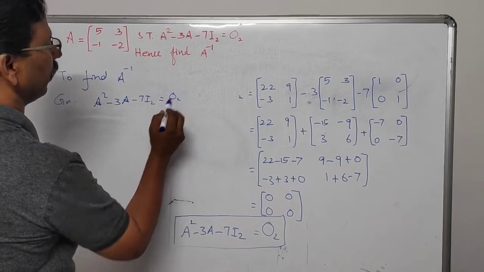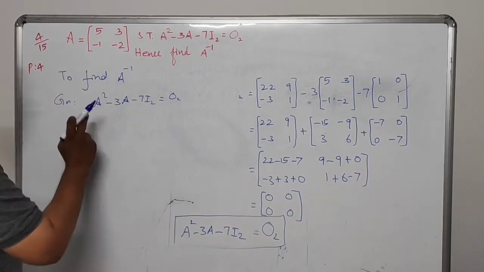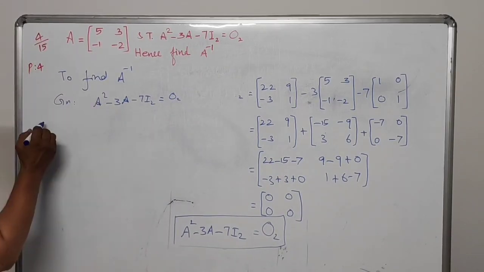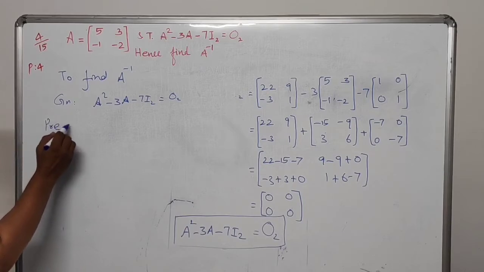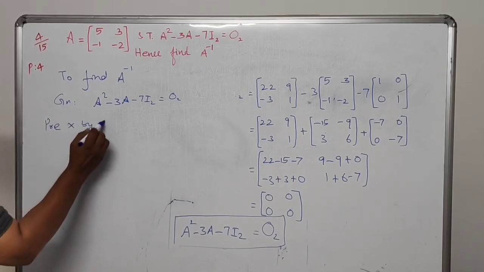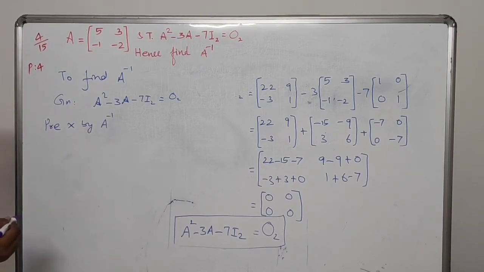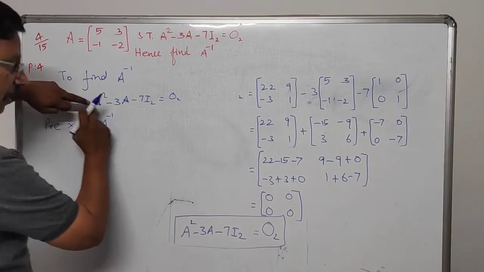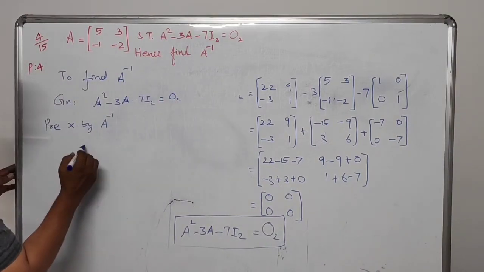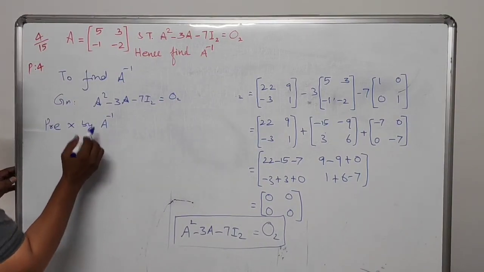From this, we need to find A inverse, so now you try to pre-multiply by A inverse. Pre-multiplied by A inverse means you can multiply these three terms by A inverse. You can write A inverse into A square.